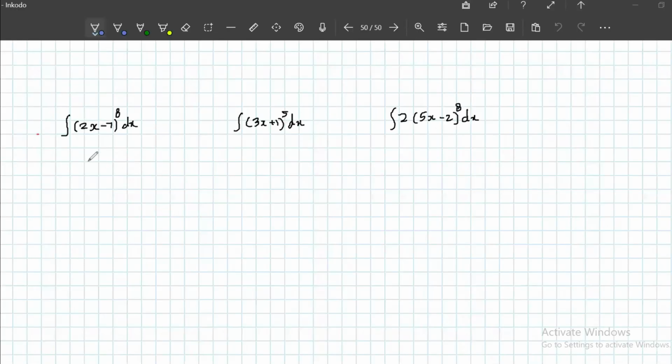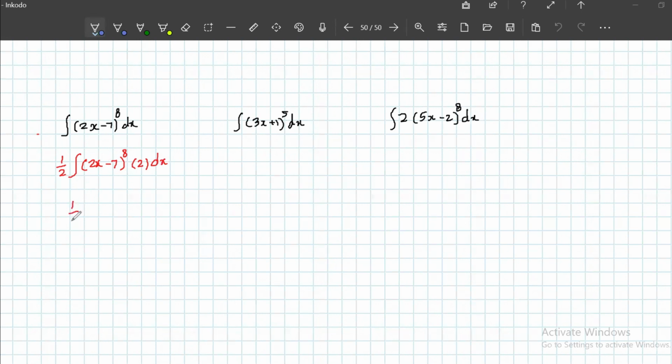Here in case first, we will see the derivative of 2x minus 7 is 2. So we must have 2, 1 over 2 integration (2x minus 7) whole power 8. So the derivative of this inside function is 2. So as I divide by 2 and multiply by 2, and now we have dx.